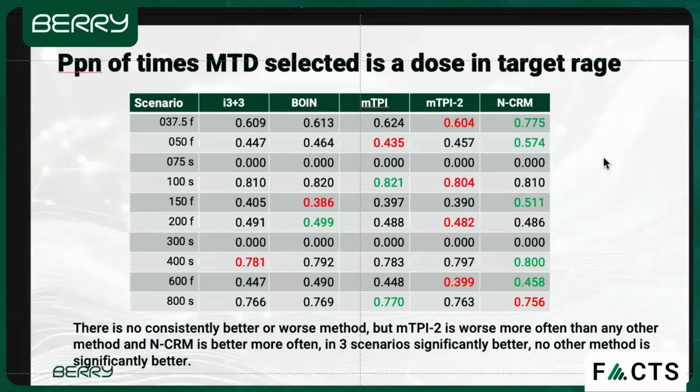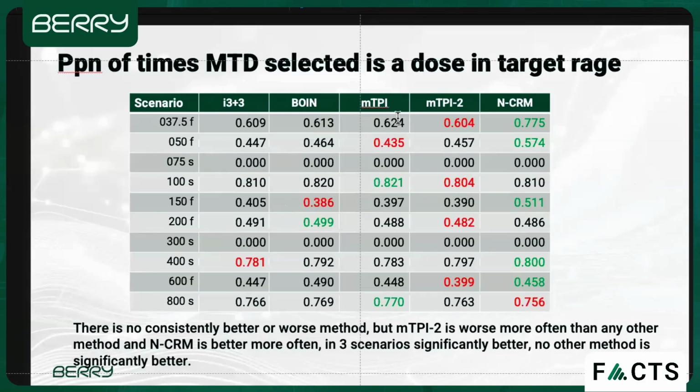Looking at which method picked the MTD more often, again, it's a bit of a checkered result. There isn't one method that is overwhelmingly and always the best. It does depend on the scenarios. You'll notice we've got 2 scenarios where they all get 0 because the MTD isn't in the 6 doses.